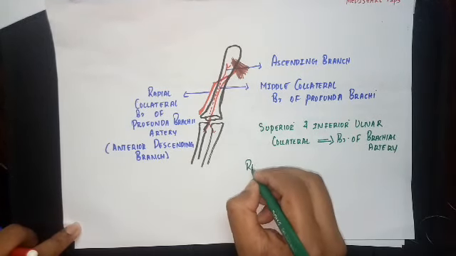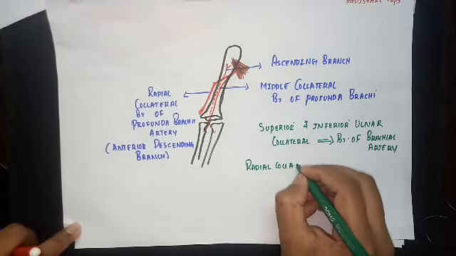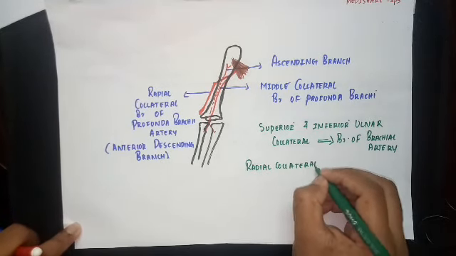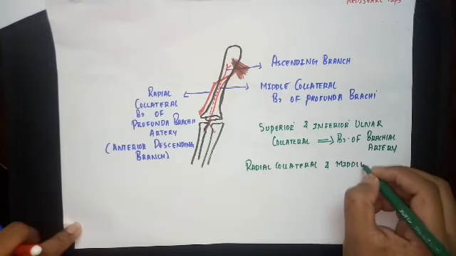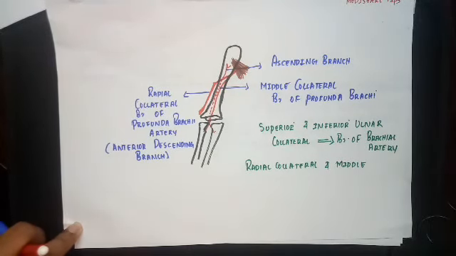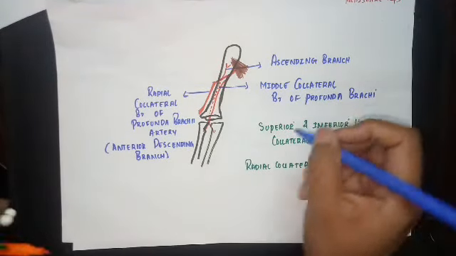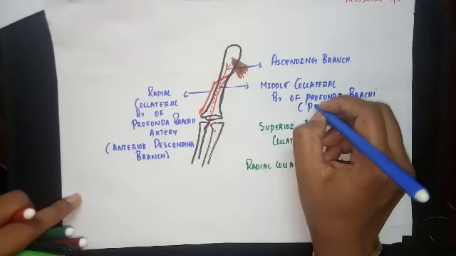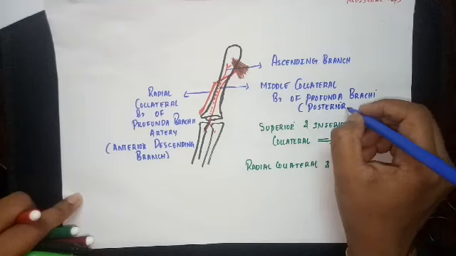Whereas radial collateral and middle collateral, or anterior descending or posterior descending, are different. The middle collateral branch is also called posterior descending branch because it is passing posteriorly.